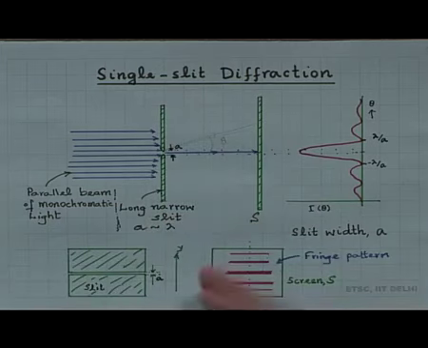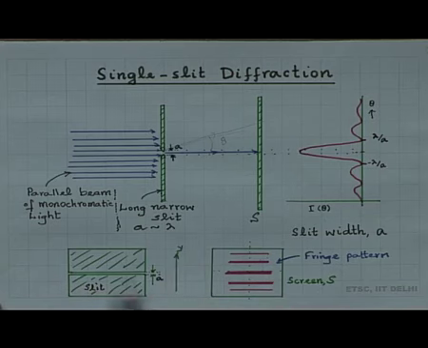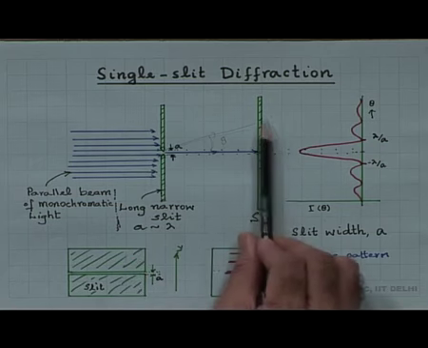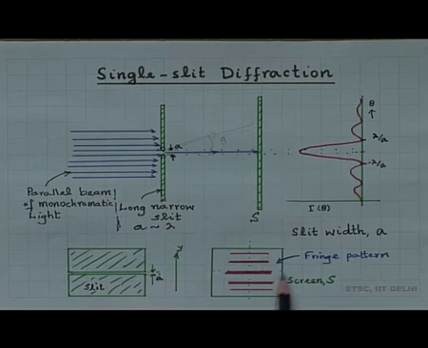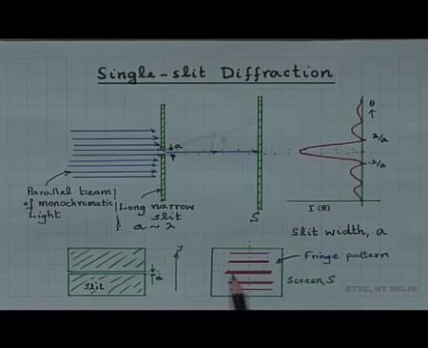So, this is the front view. The slit is here and the light is incident normally onto this, and this is the screen behind the slit. So, you see intensity maxima here. The central maximum, the central bright fringe, has very high intensity as compared to the sides.